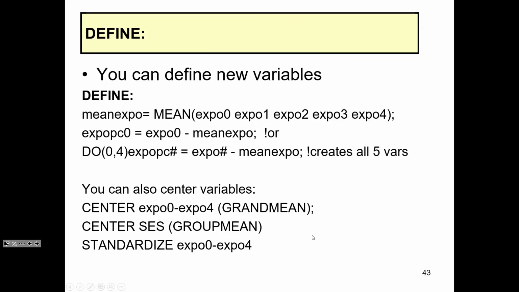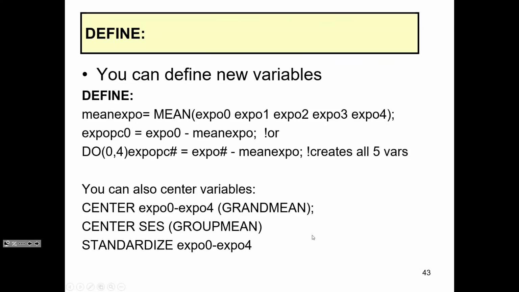If you want to quickly do it for all 5 variables, you could say do from 0 to 4. I could have expo PC number sign, which is going to be replaced by 0, 1, 2, 3, 4, so it's like a looping thing. It's going to be expo, in order, 0, 1, 2, 3, 4, minus mean expo. And then this one line would create all 5 of those variables, the deviations from that mean exposure.